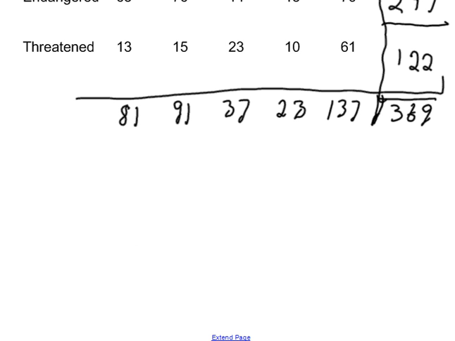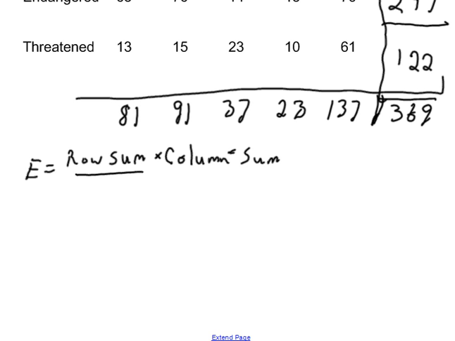And your expected values are the row sums times the column sum over the total.